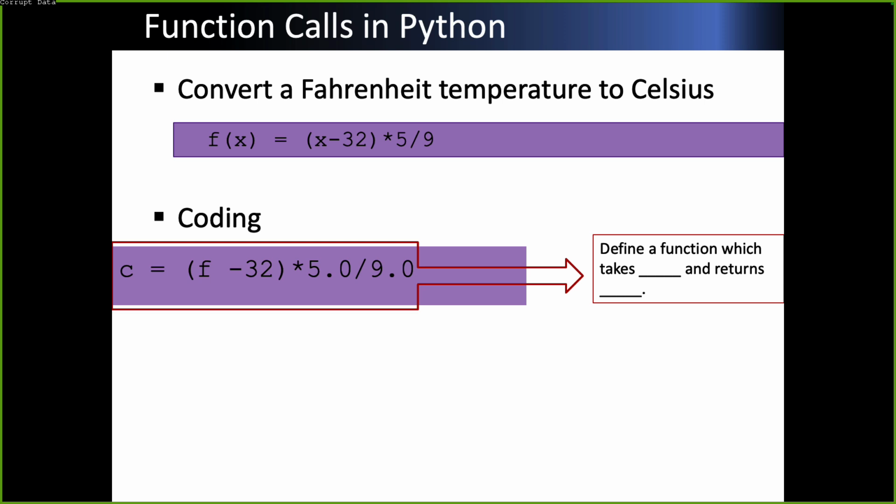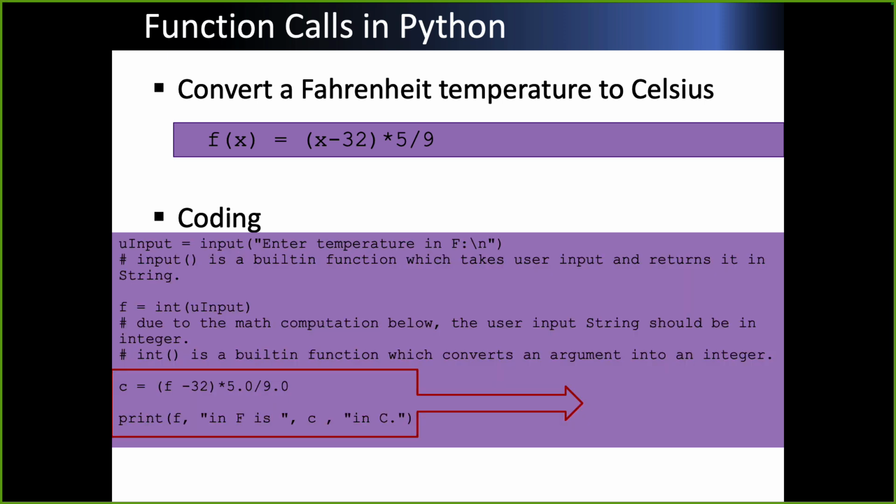So in real code, it'll be like this. We call the built-in function input. And this built-in function receives the prompt statement.